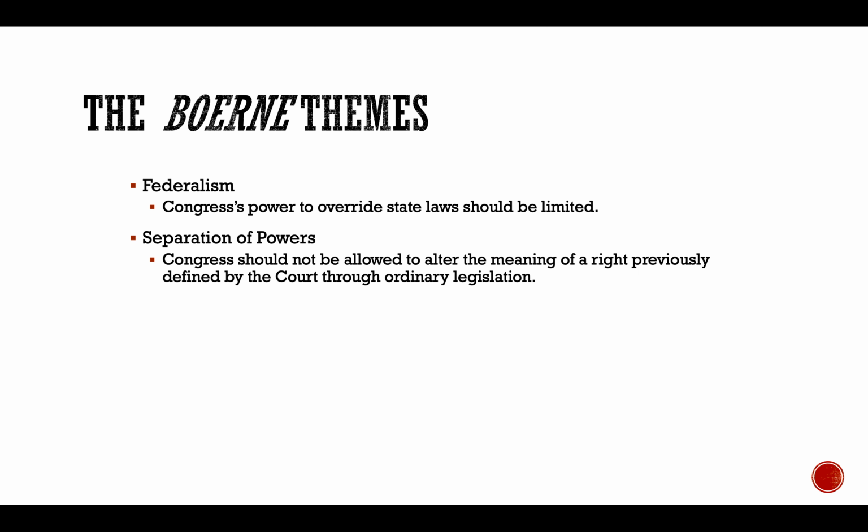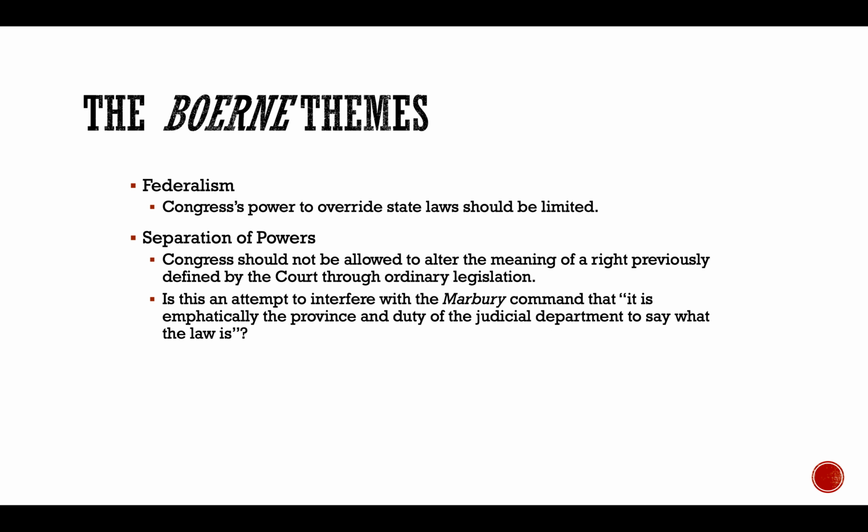And Congress is trying to do this not through a constitutional amendment, but through an ordinary piece of legislation like RFRA. And therefore, we might say that this is an interference with the most basic command that we studied the very first day of class, the Marbury command, that it's the province and duty of the judicial department to say what the law is. So we see a separation of powers problem here then, with Congress attempting to go beyond its enforcement power and move into the interpretive power that should belong to the court.